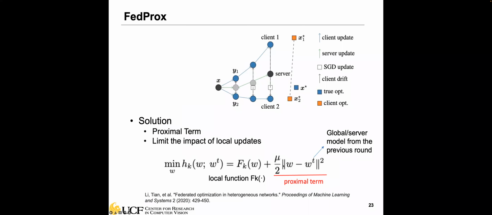Actually, it's very simple. It's just adding this proximal term here. This is the local loss function based on your local data. If you use cross entropy, you have this loss function. Additionally, you also add this proximal term.